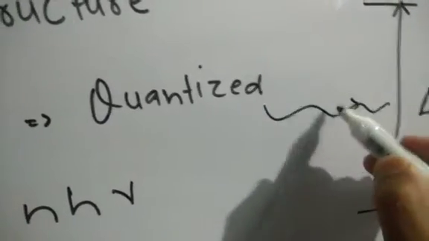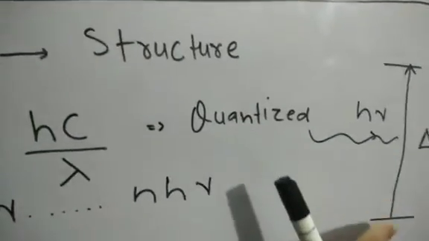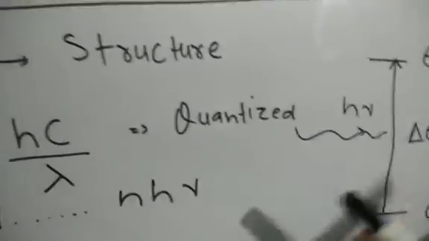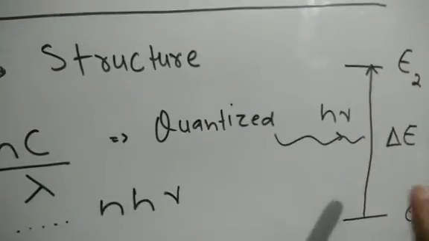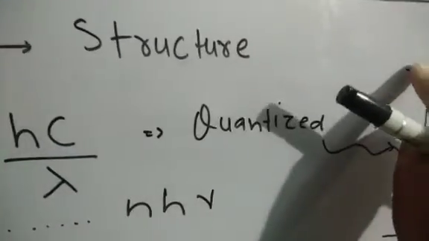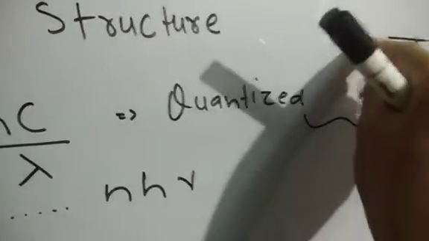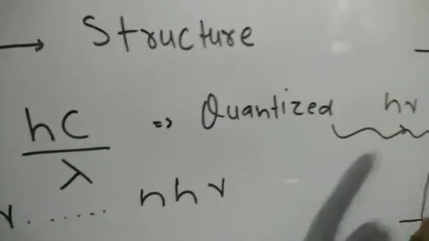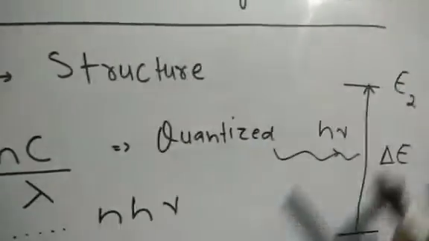Now once the molecule absorbs the specific energy present in that particular photon, it goes from this state to this state. This is called absorption. A molecule going from the ground state to the excited state is also called excitation. The spectrum we get from this transition is called the absorption spectrum.